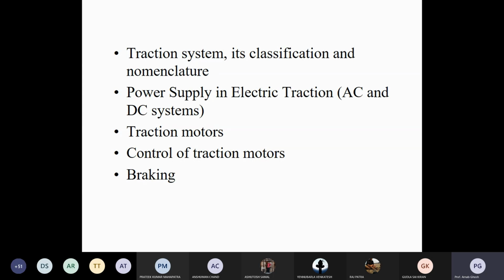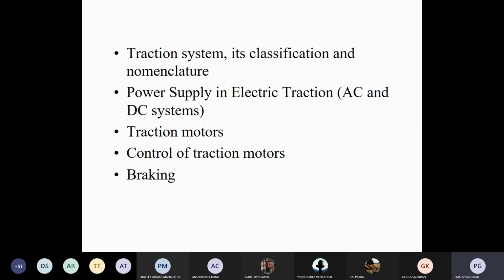As per their applications and operations, their braking systems are also different. In the EMU system, used for normal city riding, that is urban transportation, you have to brake the train multiple times.